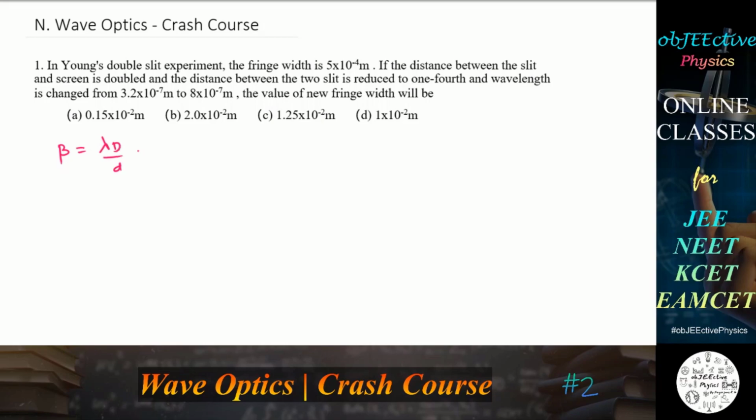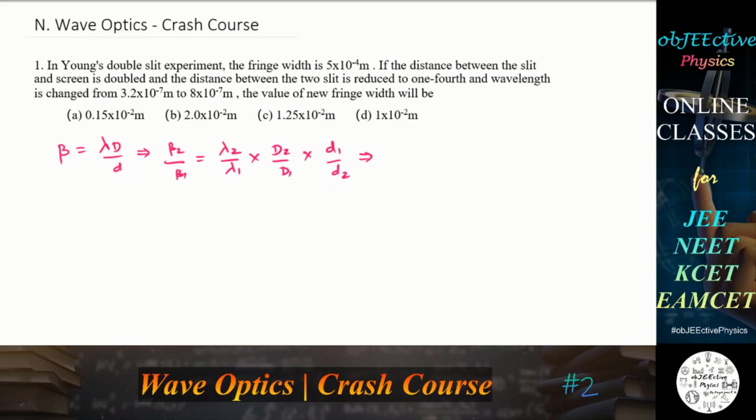or that implies beta 2 divided by beta 1 is equal to lambda 2 divided by lambda 1 into capital D2 by D1 into small d1 divided by d2.